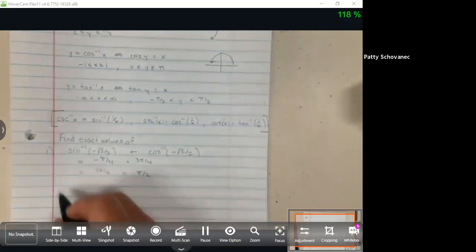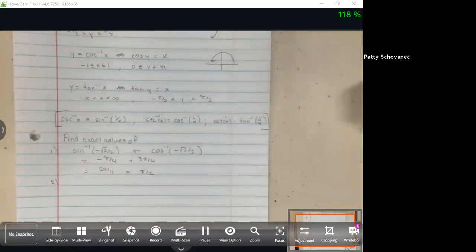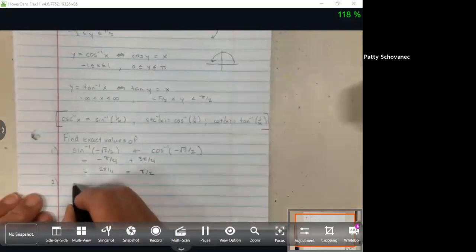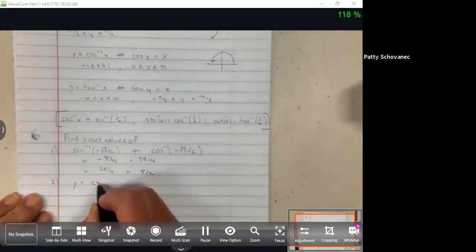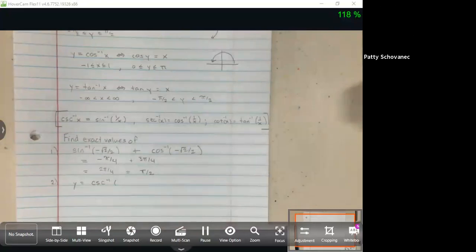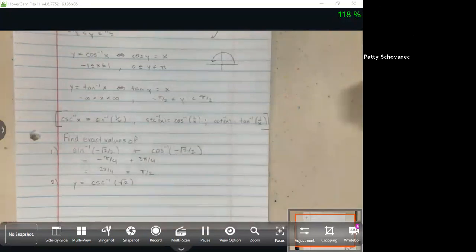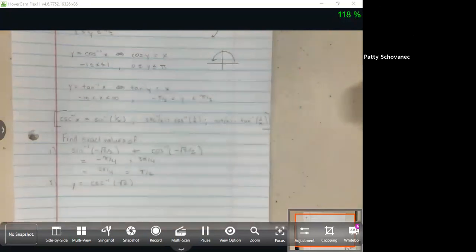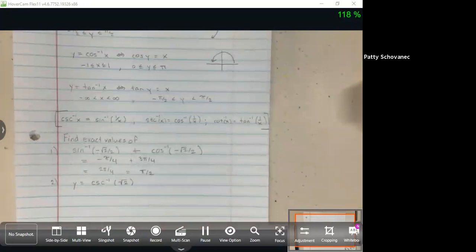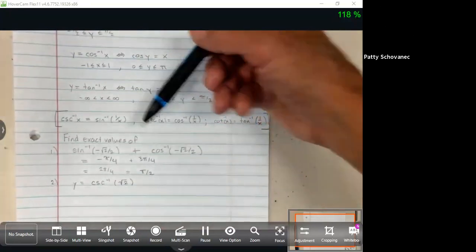All right, my second one here. Suppose I want to find the inverse cosecant of just the square root of 2. Then what we do is we write that as the inverse sine of 1 over the square root of 2.